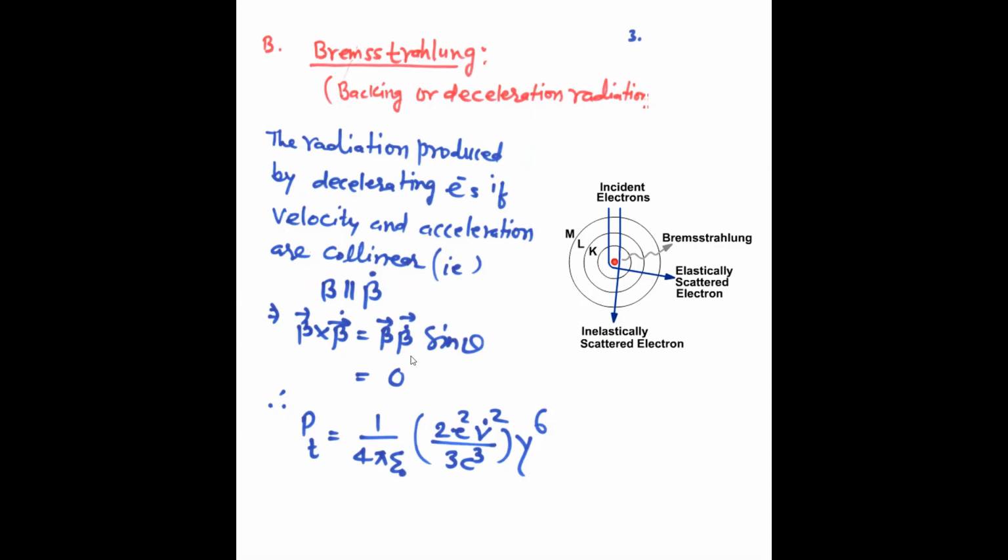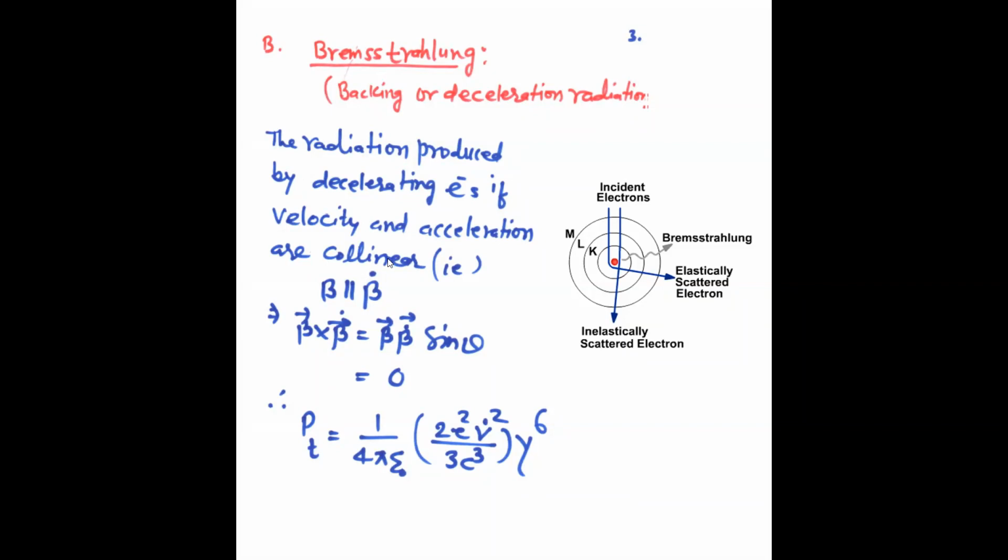Okay, so there will be no vector sign. So beta cross beta dot equals beta beta dot sine theta, and since both are parallel, theta is 0 degree here, so sine 0 is 0, and ultimately this beta cross beta dot becomes 0.